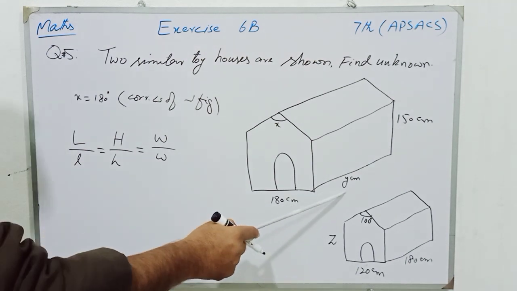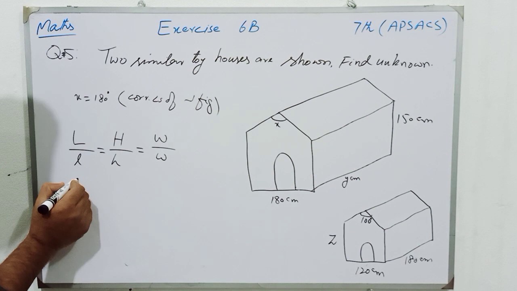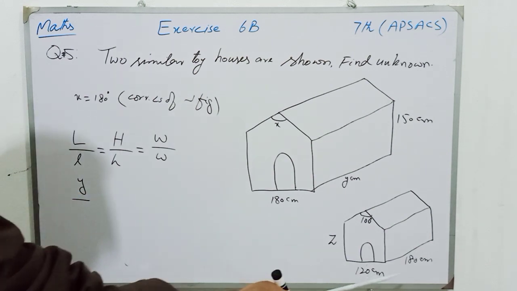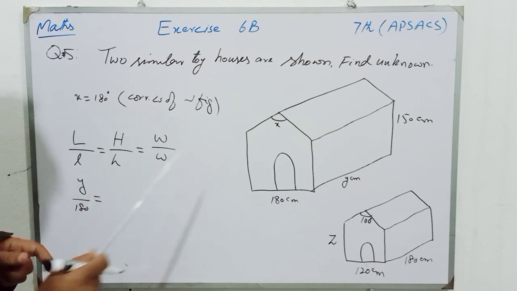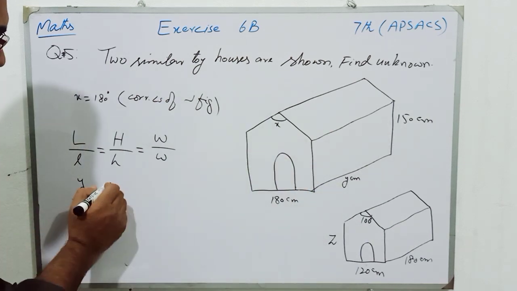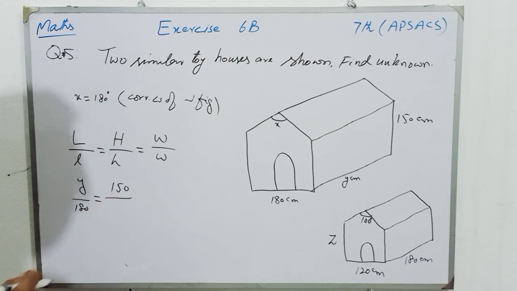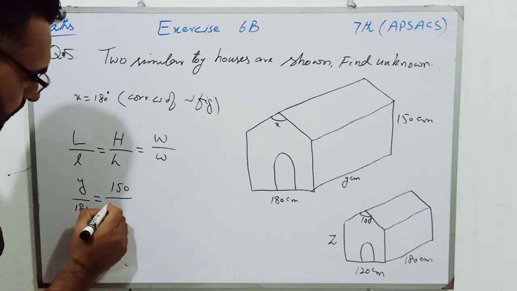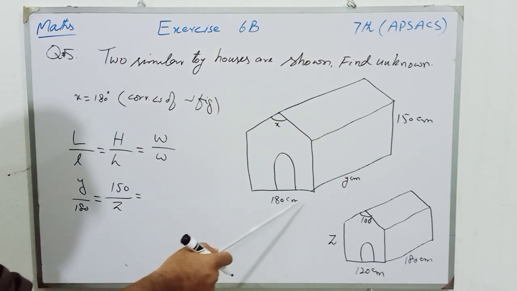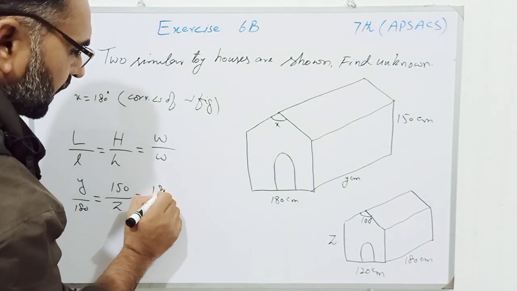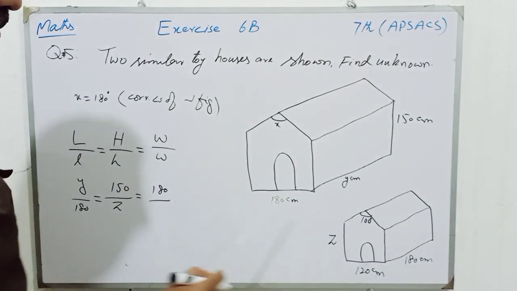Length of the large house is y over, whereas the length of the smaller house is 180, is equal to height of the large house is 150 and height of the smaller house is z, is equal to width of large house is 180 and width of smaller house is 120.